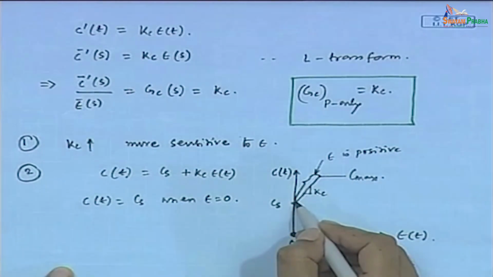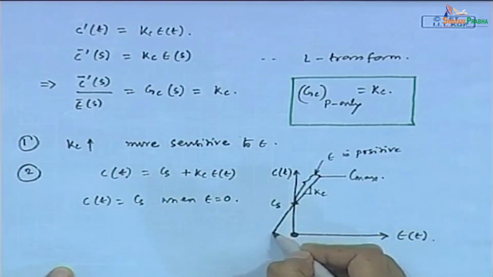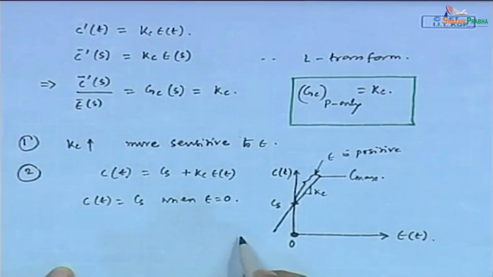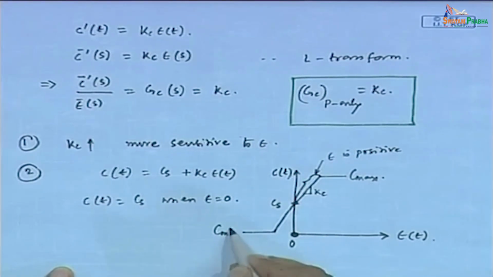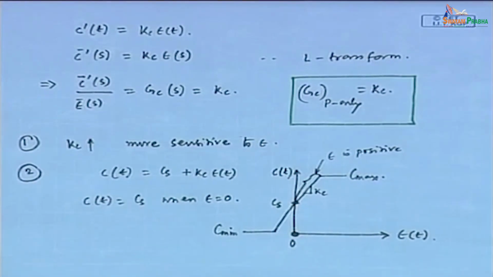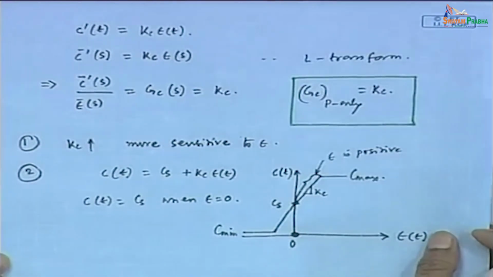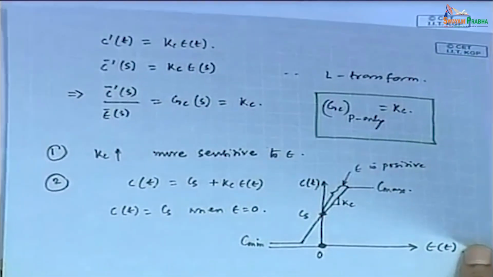Similarly, we obtain this line when epsilon is negative, and the minimum value of C is C min. So, this is the second conclusion on P only controller.